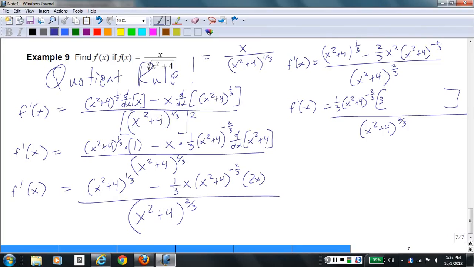So I factored out the 1/3, and then (x squared plus 4) to the negative 2/3 plus what equals positive 1/3? 1. So again, we don't have to write the 1. We just have to know that there's a 1 there, an invisible 1, if you like.